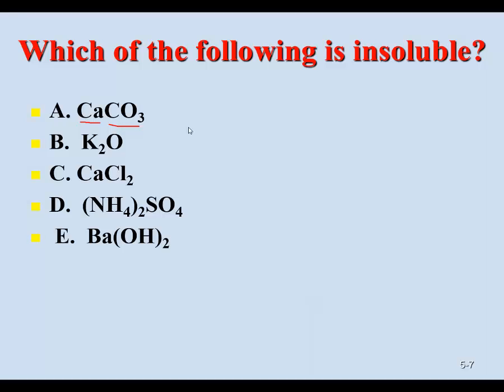The exceptions when carbonates would be soluble would be with alkali metals like sodium carbonate or potassium carbonate or ammonium carbonate. We expect in those cases it would be soluble. However, with other metal cations, we expect it to form insoluble precipitates. So calcium carbonate, as I said before, produces basically hard water buildup. That's one of the insoluble compounds that form, so it would be a precipitate.